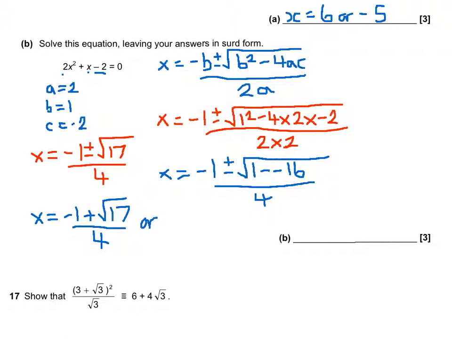The other answer is going to be when x equals minus 1 minus the square root of 17 all over 4. So the answers are these two bits here.